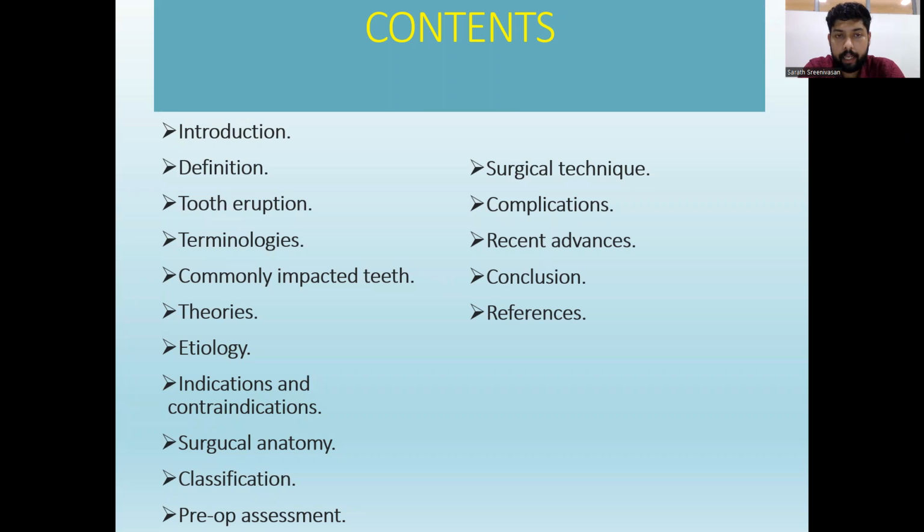Then, what are the commonly impacted teeth? Then, theories of impaction. What is the etiology of an impacted tooth? Then what are the indications and contraindications for surgical removal of impacted teeth?